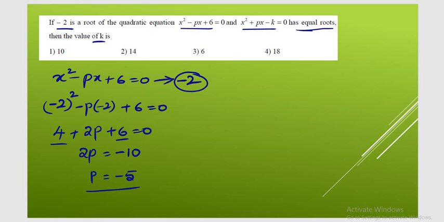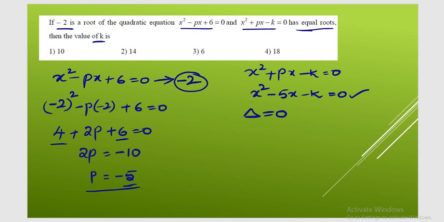Next, moving on to the second equation. What he has given for the second quadratic equation is x square plus px minus k is equal to 0. Already we have found the value of p, no? When I replace p with minus 5, then what I am going to get, x square minus 5x minus k is equal to 0. Now since he has given that this particular quadratic equation has equal roots, equal roots means nothing but its discriminant is equal to 0.